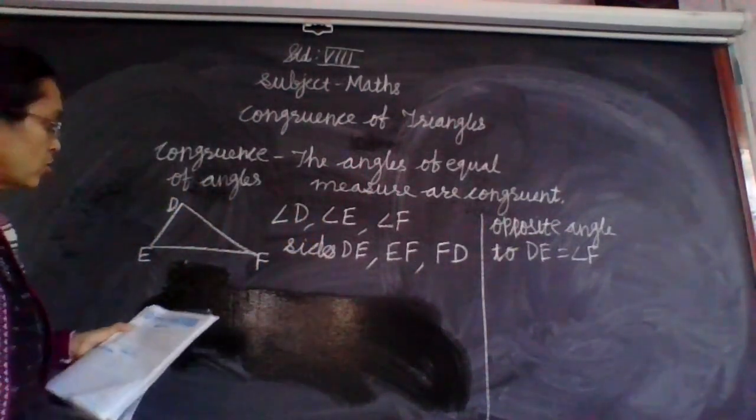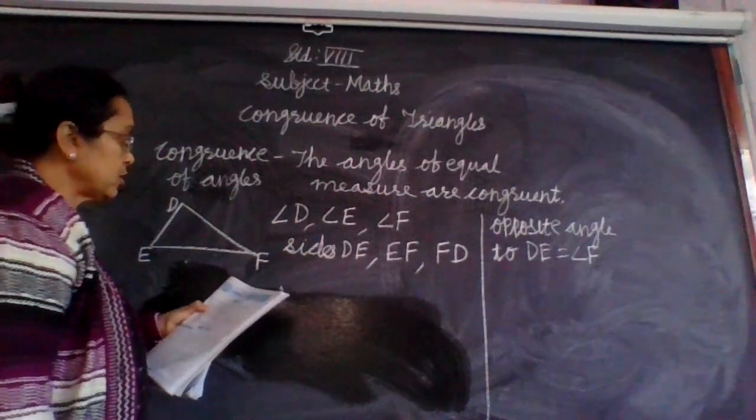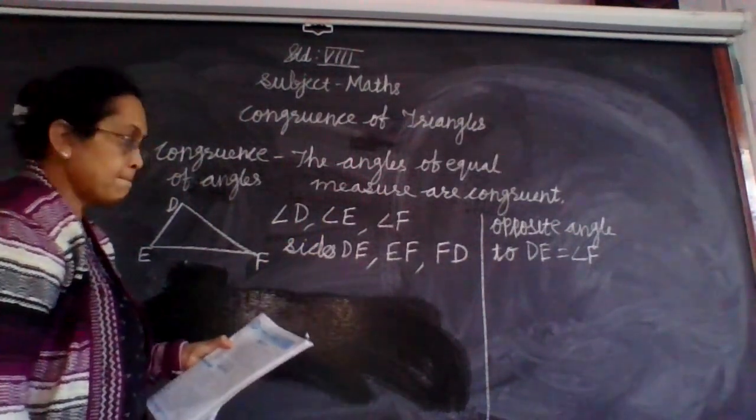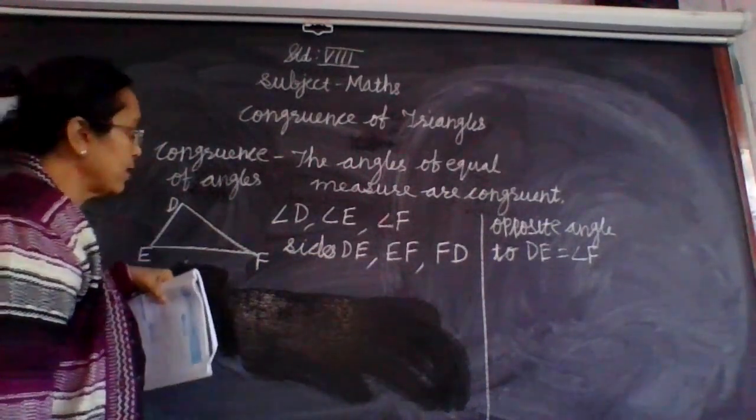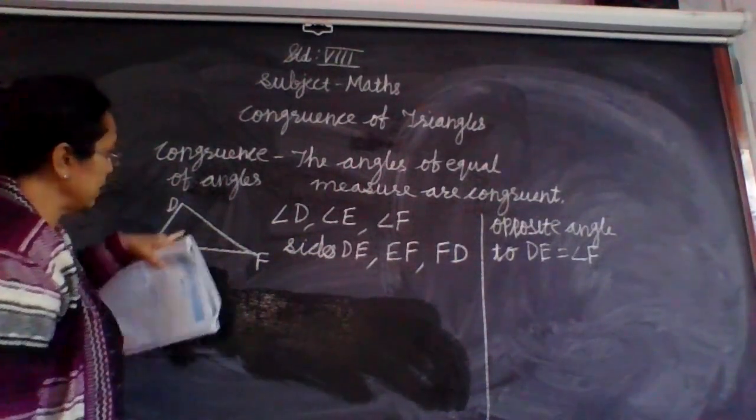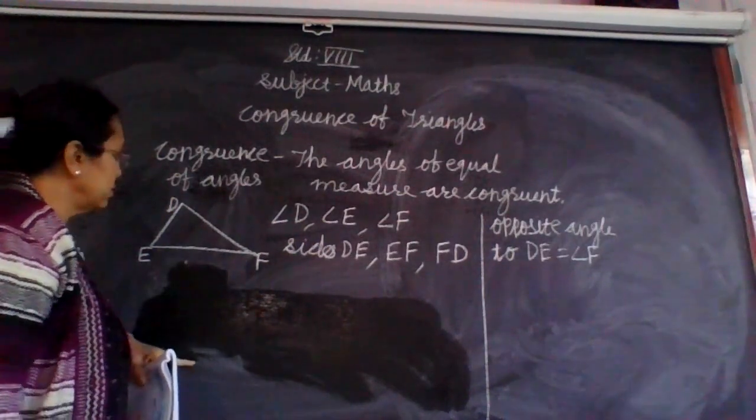So opposite you got. Now afterwards, the second question is, which is the side opposite to angle E? The side opposite to angle E is side DF.